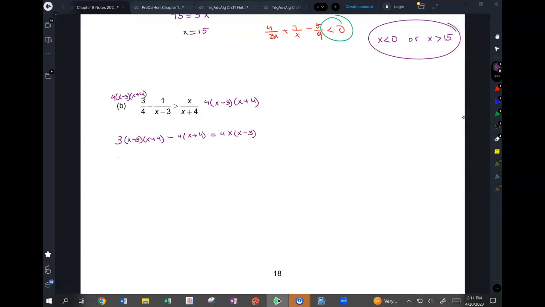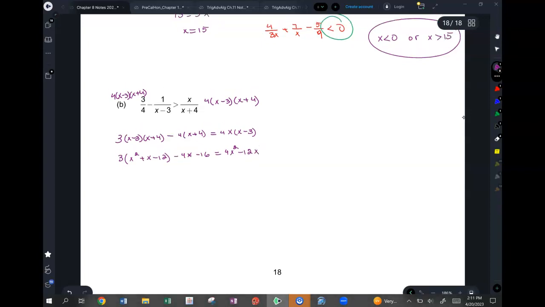Let's distribute. So this is going to be 3 x squared plus x minus 12 minus 4x minus 16 equals 4x squared minus 12x. Oh boy. Distributing the 3. So minus 36 minus 4x minus 16 is 4x squared minus 12x.